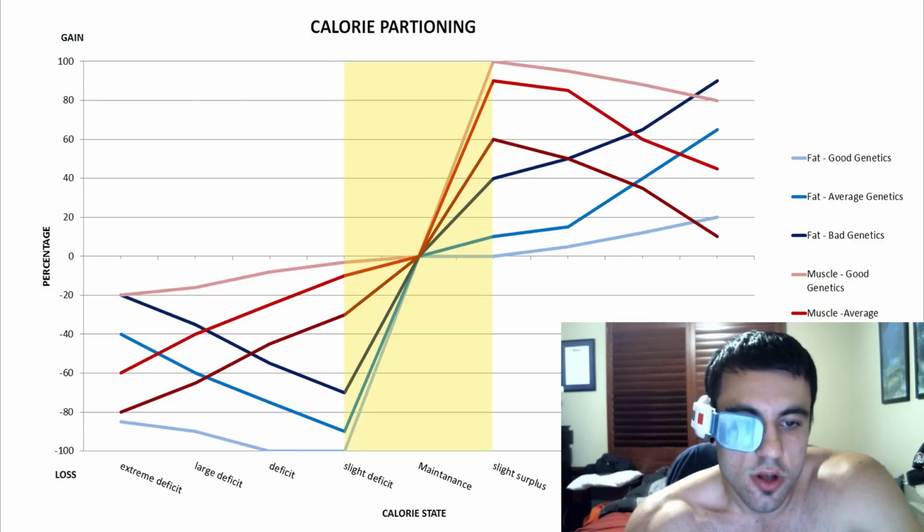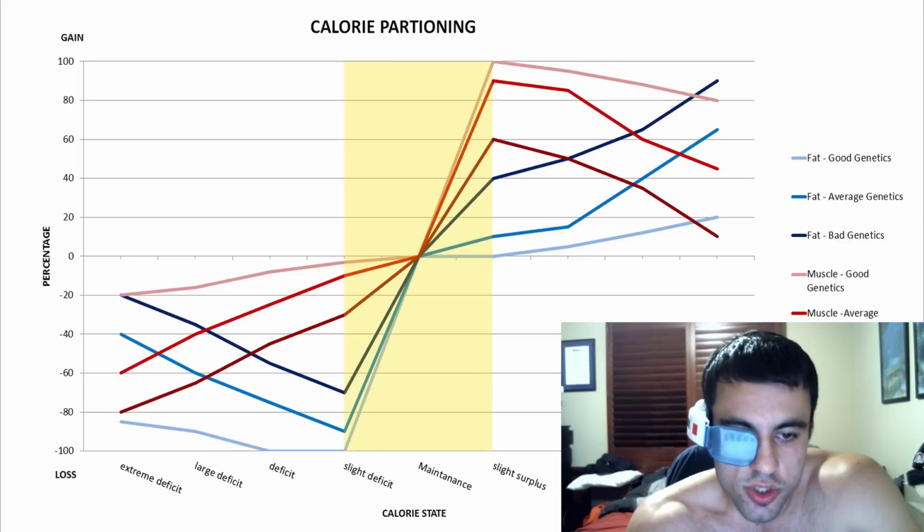The best results that you're going to get in terms of body composition is when you stay in a slight deficit or a slight surplus. Even if you have the bad genetics, which is maybe 5% of the population, you're still going to get much more beneficial results as if you try and rush the diet and go into a large deficit.